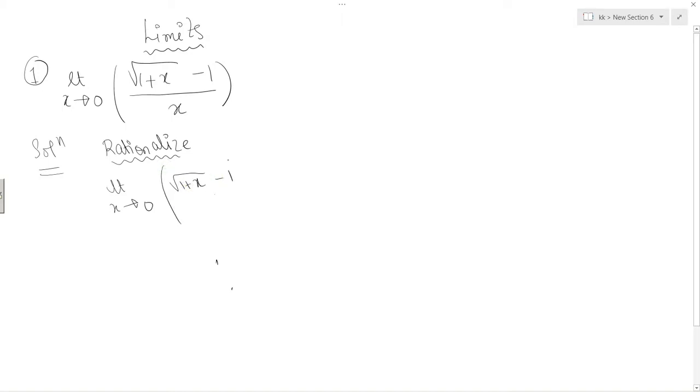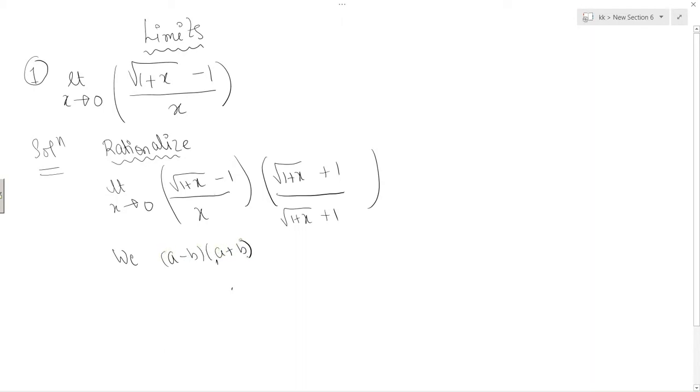Minus 1 over x. Now let's multiply the numerator and the denominator by square root 1 plus x plus 1 divided by square root 1 plus x plus 1. As we know, a minus b times a plus b is a squared minus b squared.